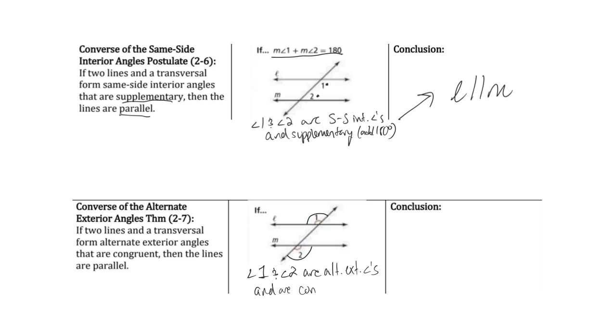We have the two arcs around 1 and 2 saying that they're congruent. Then line L is parallel to line M. So alternate exterior angles and congruent, then they are parallel.